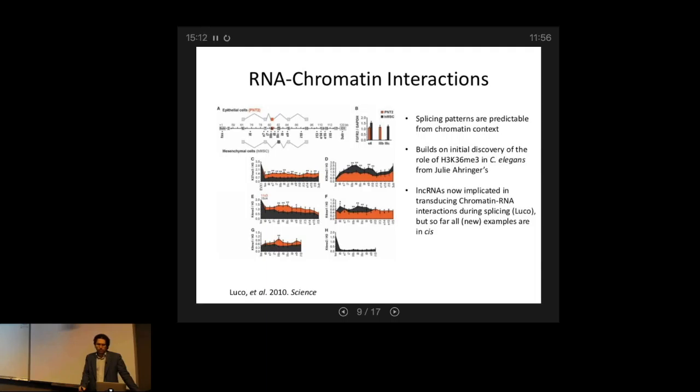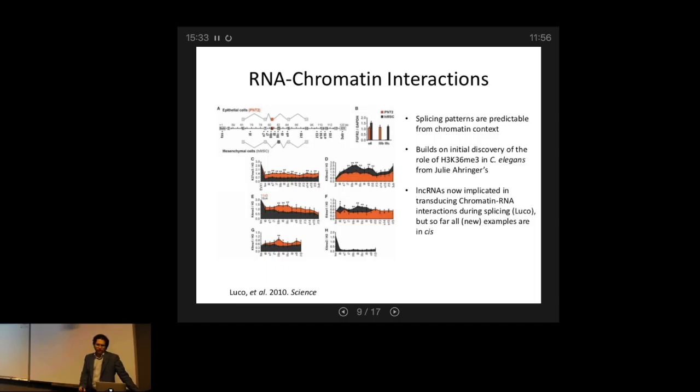This built, if you look at the history of this work, where did it come from? This built on Julie Ahringer's beautiful work in C. elegans, where she discovered that H3K36me3 maintains the maternal memory of splicing events in the embryo. So it paints constitutively spliced exons, and the quantitative level of H3K36me3 over cassette exons is predictive of their level of inclusion.